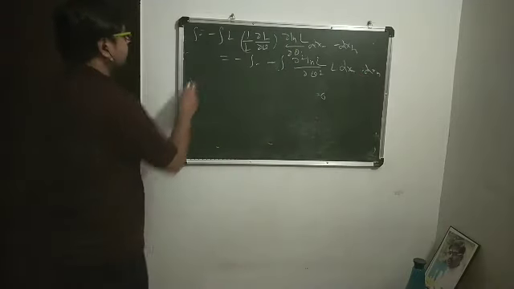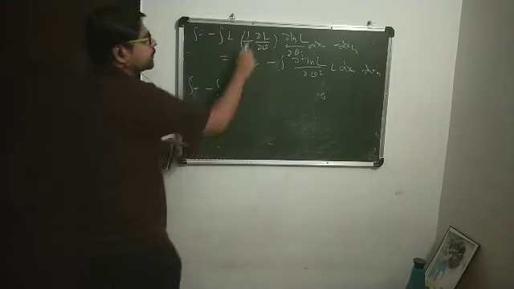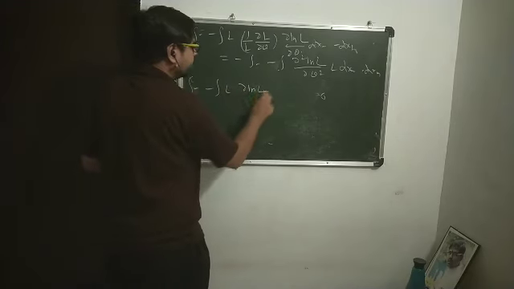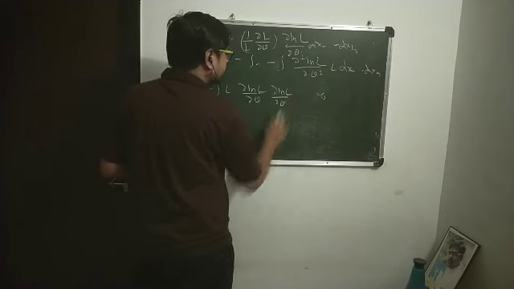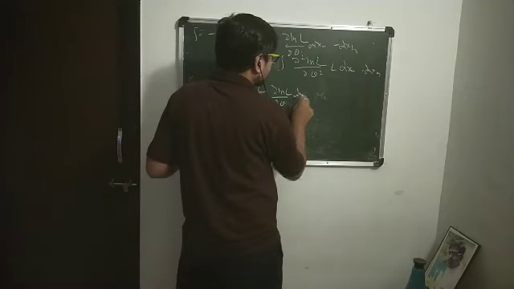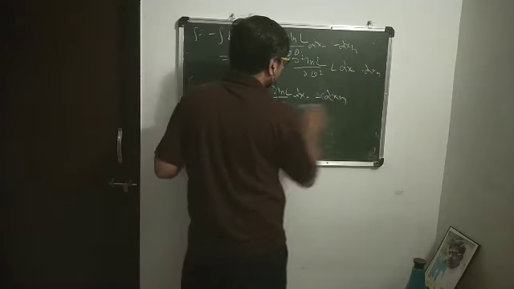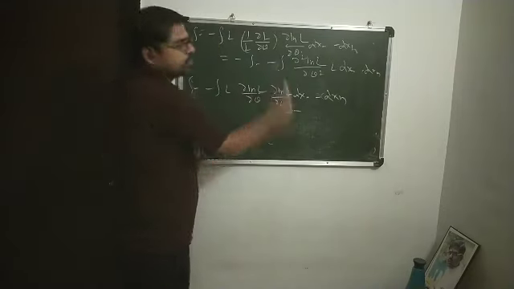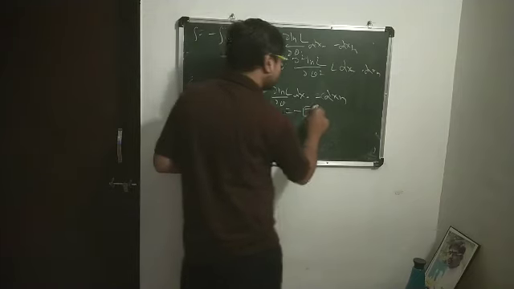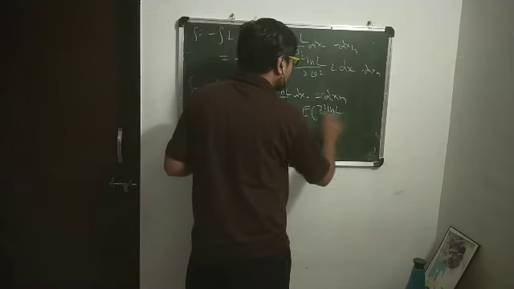So we have L into dou log L by dou theta times dou log L by dou theta, and this is equal to minus the expectation of dou 2 log L by dou theta square. So the expected value of (dou log L by dou theta) squared is equal to minus the expectation of dou 2 log L by dou theta square.